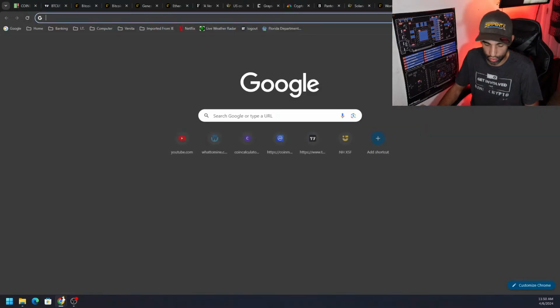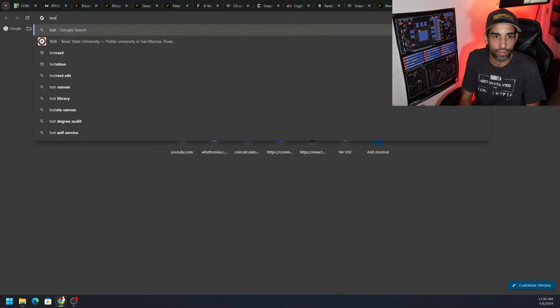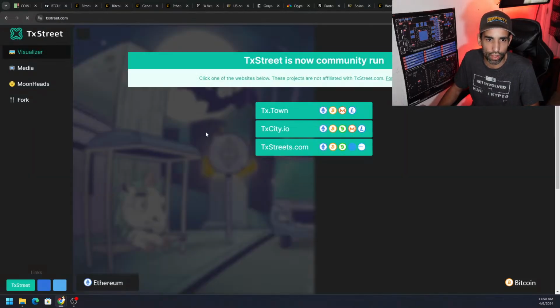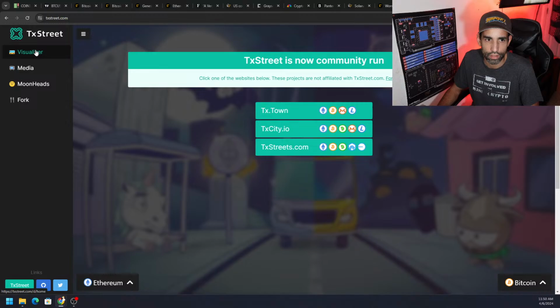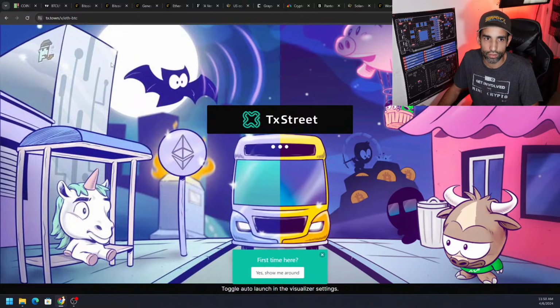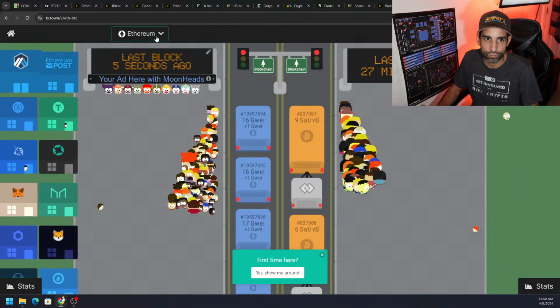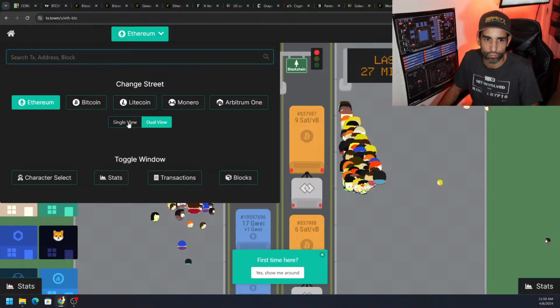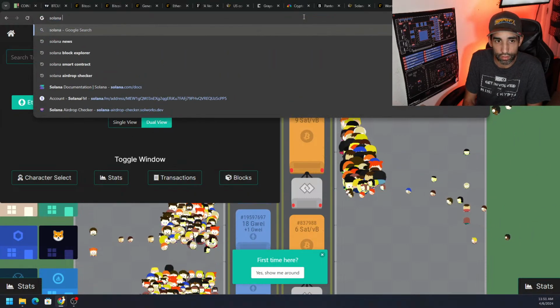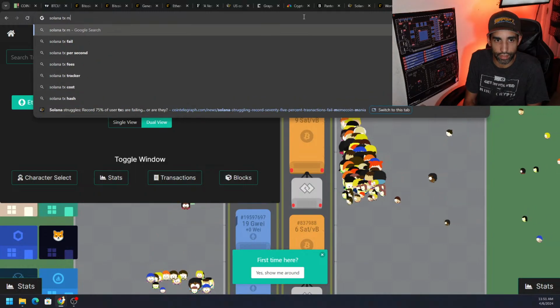Matter of fact, let's go to Transaction Street, the website, and see if we can see what is going on. Do they have Solana on Transaction Street? I don't think they do. No, they don't have Solana. Solana transaction map.